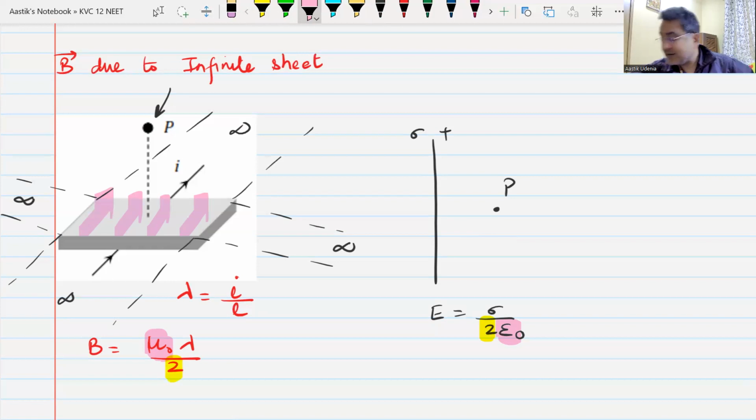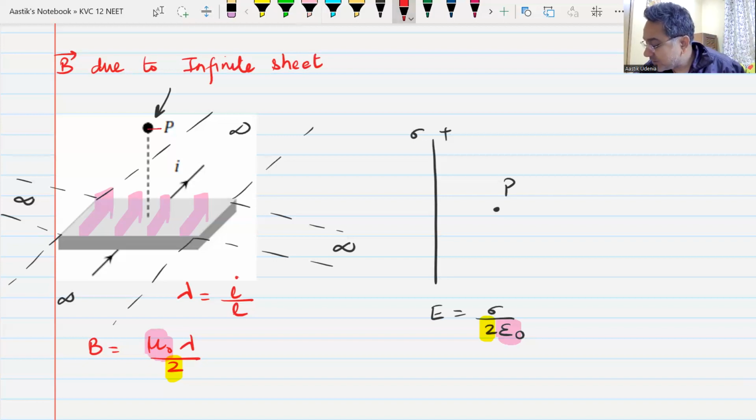Now, how do I find the direction of the field? You can see the current is going like this. Point P is on the top. Thumb goes in the direction of current. Palm goes in the direction of point P. And I rotate my fingers.